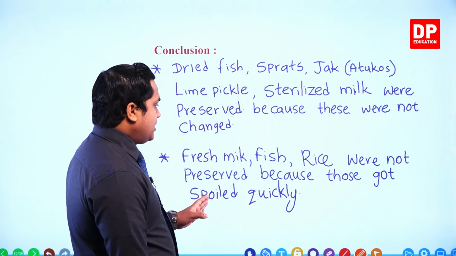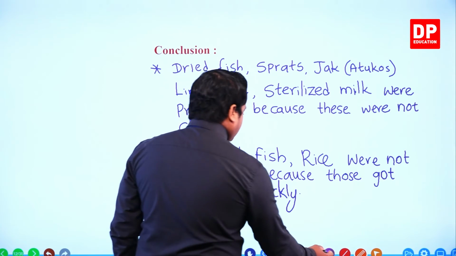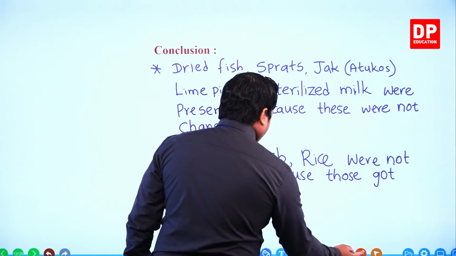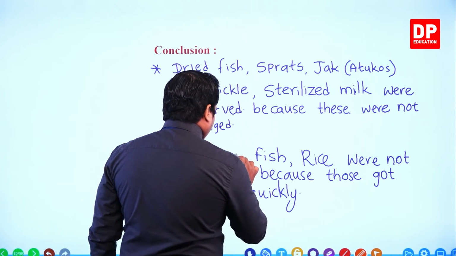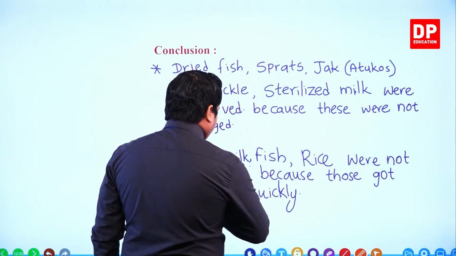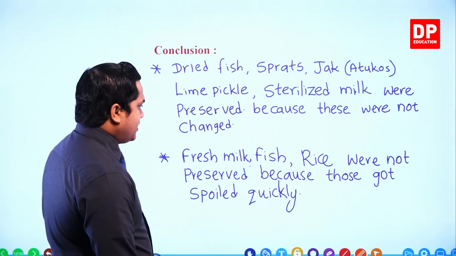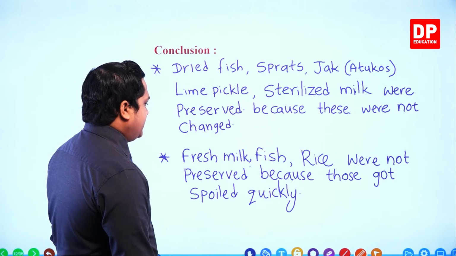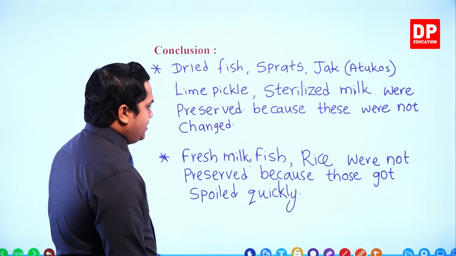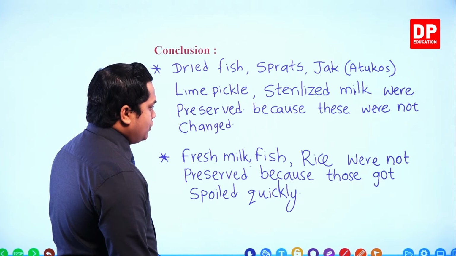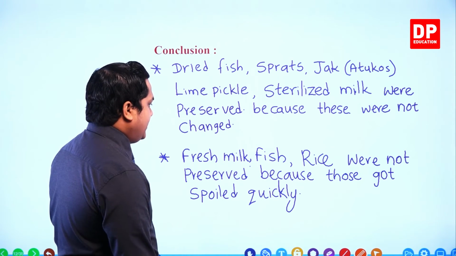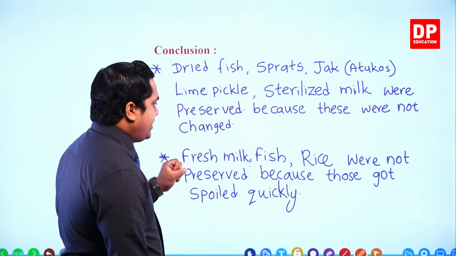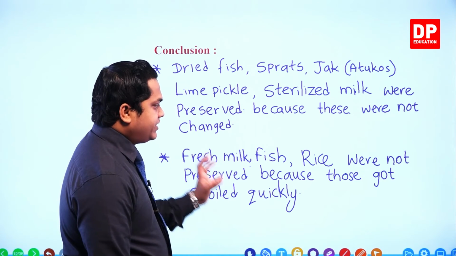Then fresh milk, fish, rice were not preserved because those got spoiled quickly. As these food items got spoiled quickly, these items were not preserved.